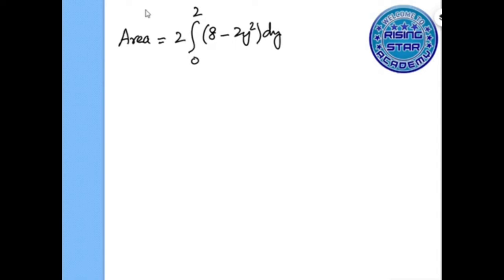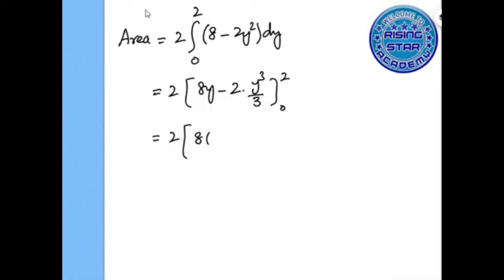Now I would integrate it. So 2 into 8y minus 2 times y cube over 3, limit 0 to 2. We will put the limits. So 8 times 2 minus 2 times 2 raised to the power 3 over 3, and definitely for 0 that would become 0.